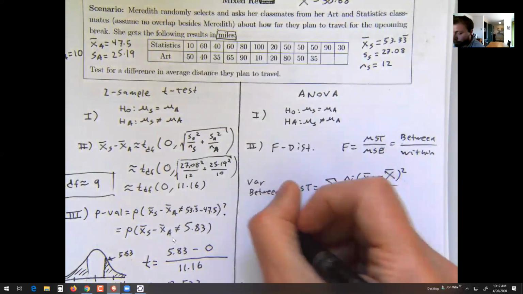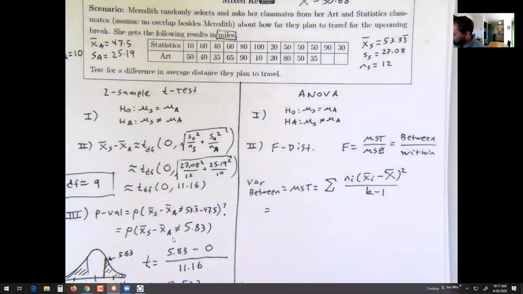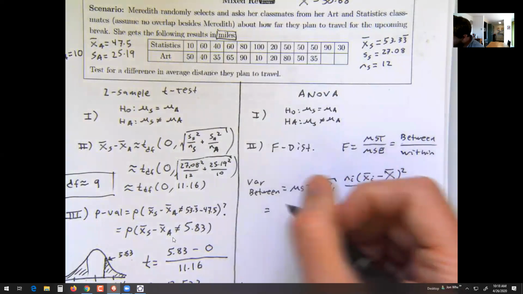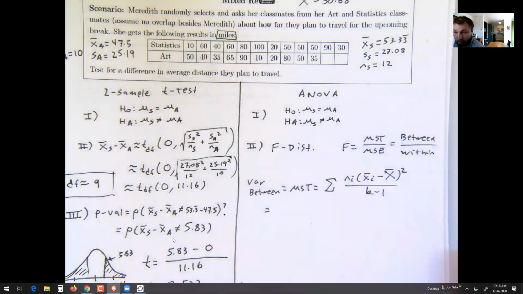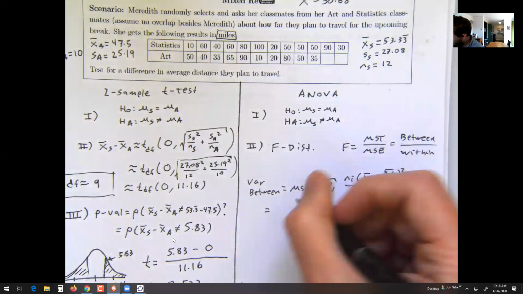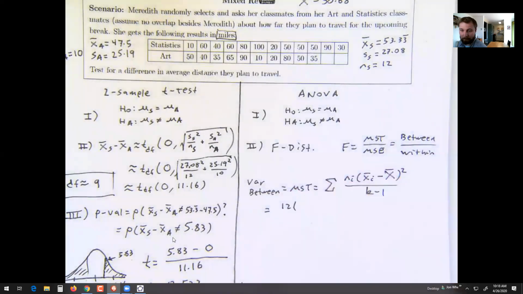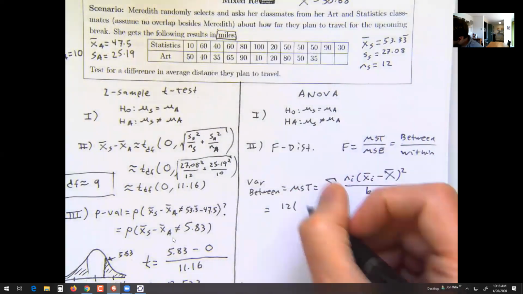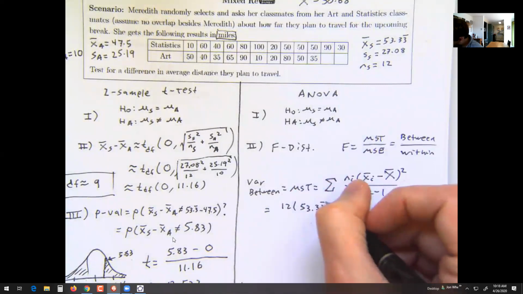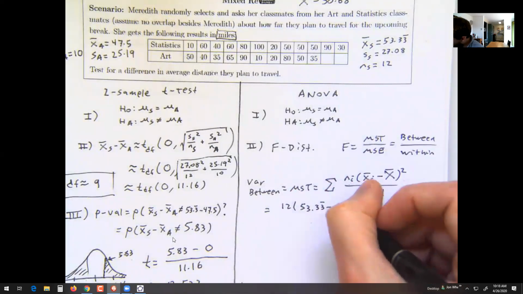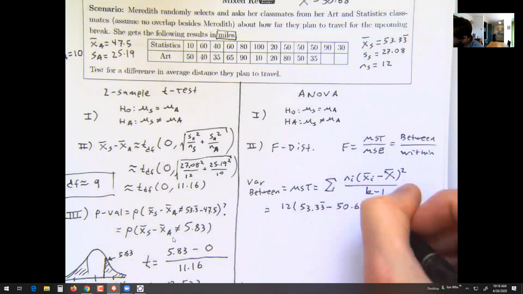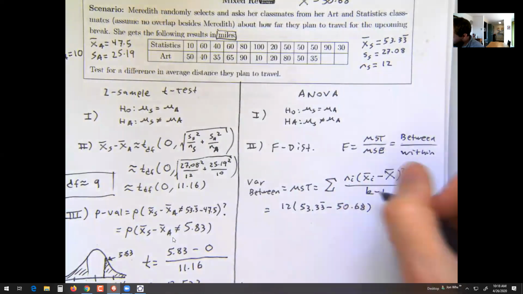In this case, this is pretty small data set, so this makes this nice. My first n for statistics, and I can go in either order because I'm adding these things, is 12. The average for statistics is 53.33 repeating, minus my overall average for all of the values was 50.68, and I'm squaring that.